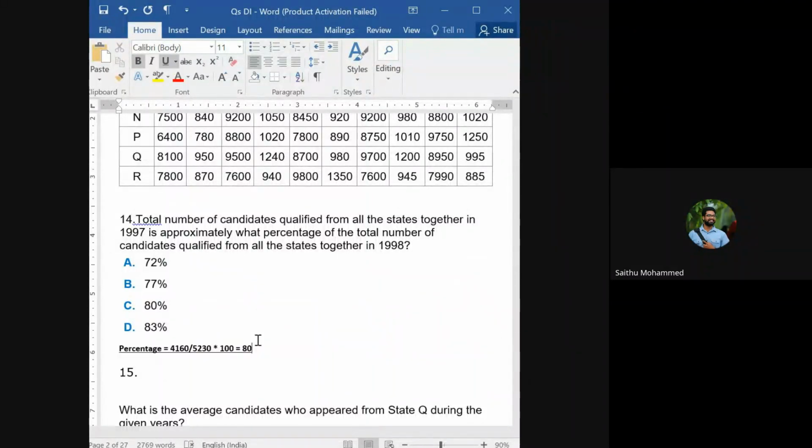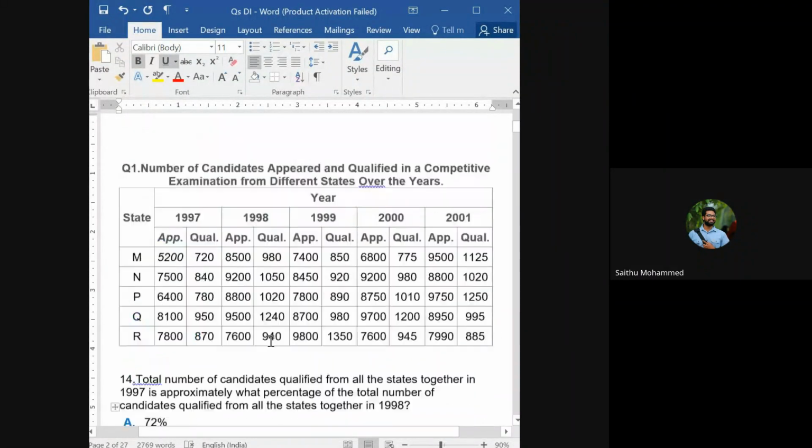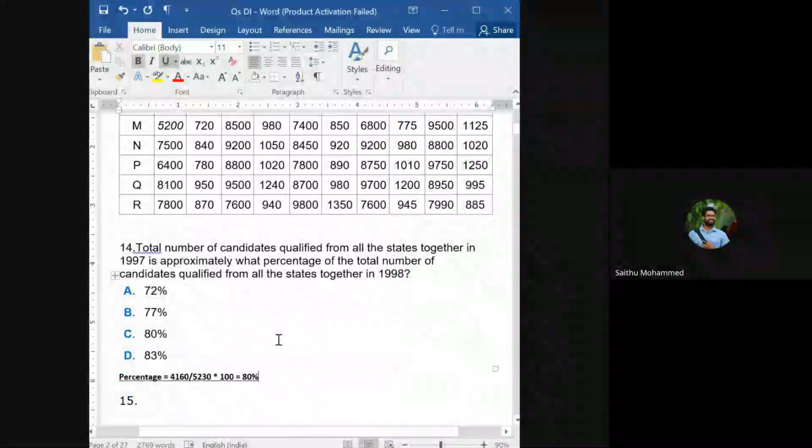So the answer is nothing but 80%. Okay, so this is how we will be solving a problem from data interpretation with regard to a table.